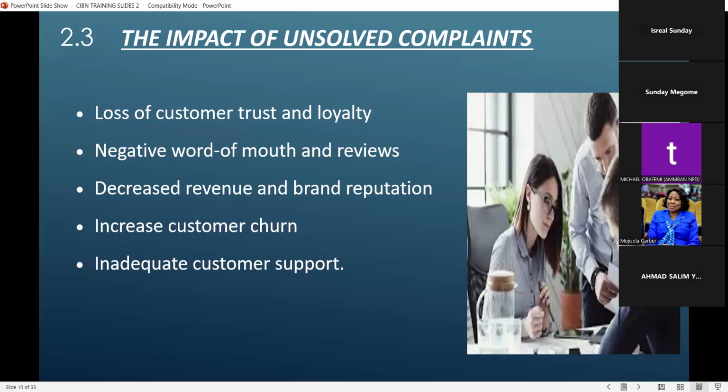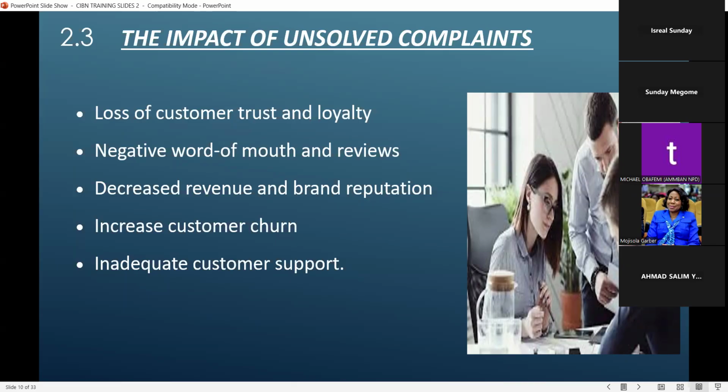Maybe they stole from a customer. They will just form their own opinion. So as much as possible, when you don't resolve customers' complaints, it will decrease your revenue. Because some people are very funny, you will look at it and ask, how else do you want me to do? They will shout every day, come and act drama. Of course, it will affect your brand because the name of your company will be affected as people begin to lose trust in you.